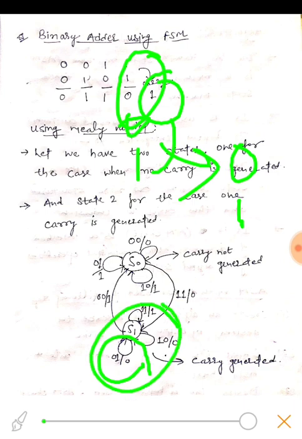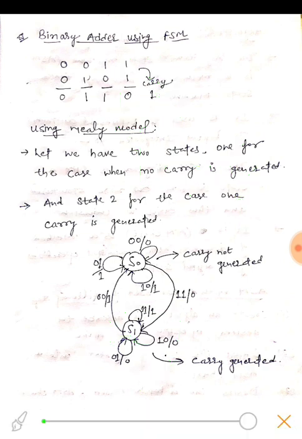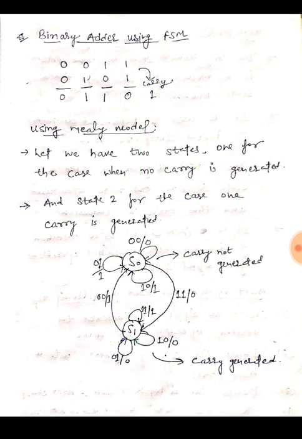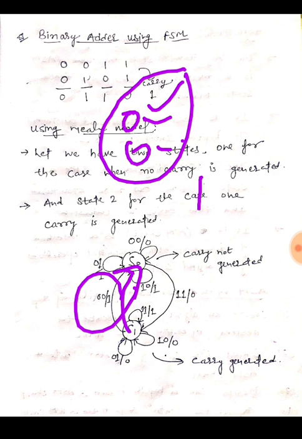Now when will it move to the initial state? That is in the case when carry is not generated. So it will move to the initial state only when we get a 0 0. The output will be 1, and carry would be 0.